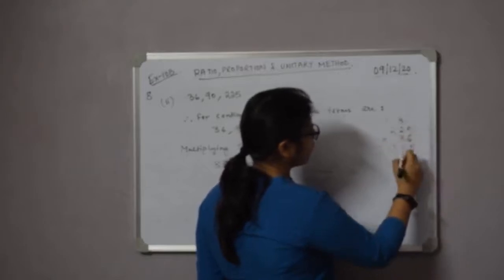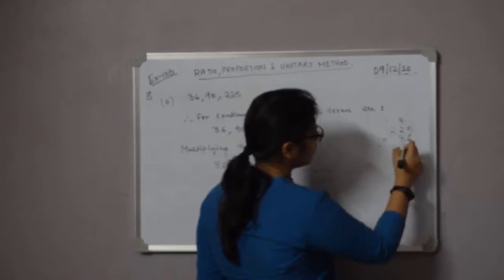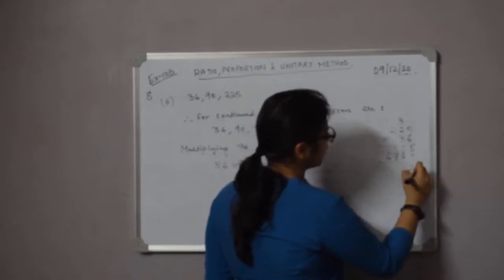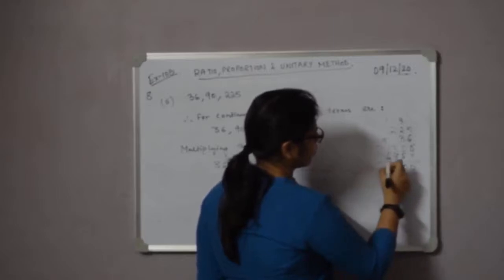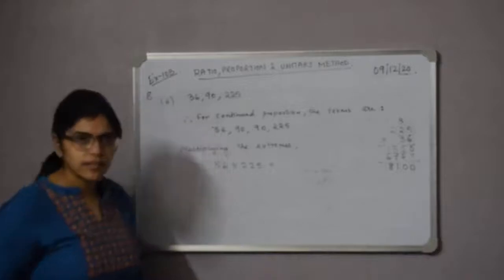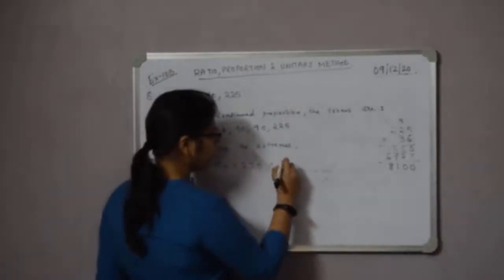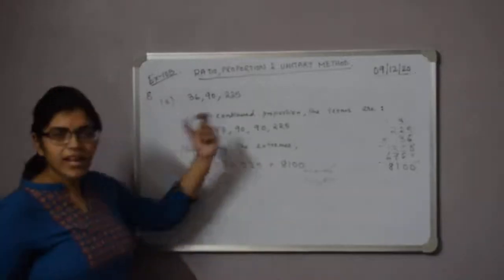And we have 3, 5, 15, carry 1, 3, 2, 6, plus 1, 7, 3, 2, 6. So we are having 8100. This is what we are getting after multiplying the extremes.